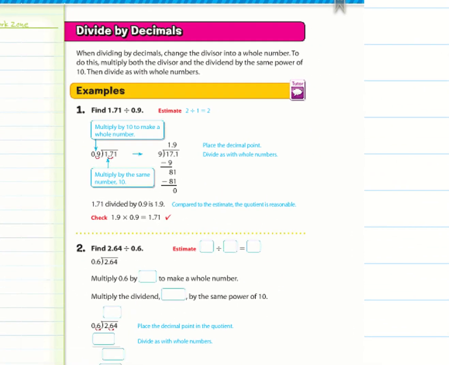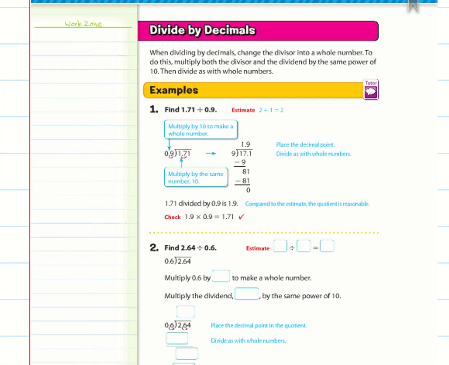So we have 1 and 71/100 divided by 9/10. So what we're going to do is, we can write it over here.